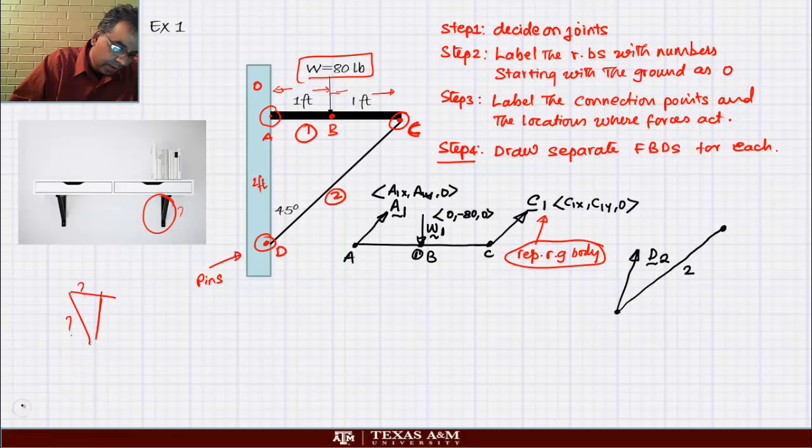So now I'm going to have C2. Notice I'm always drawing it in the first quadrant. I don't care which way things are going to point. Everything will be there in the vectorial notation. So let us not get too worried about it. I'm going to write it as C2x, C2y, 0.